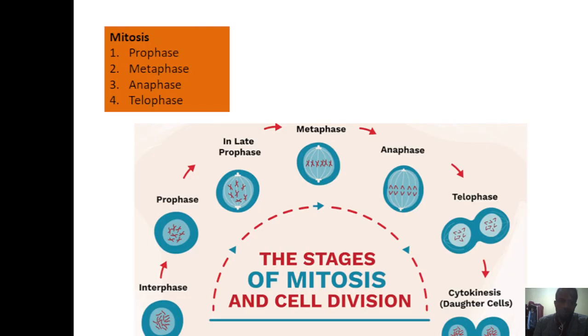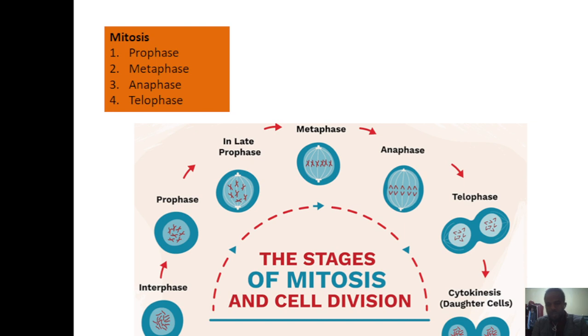To see more of the stages of mitosis, starting from the preparation for division, interphase, then it goes to prophase. In prophase, the chromosomes come close to each other and become more condensed. Then there is metaphase, or late prophase, where the chromosomes align themselves at the equator, or the center of the cell.